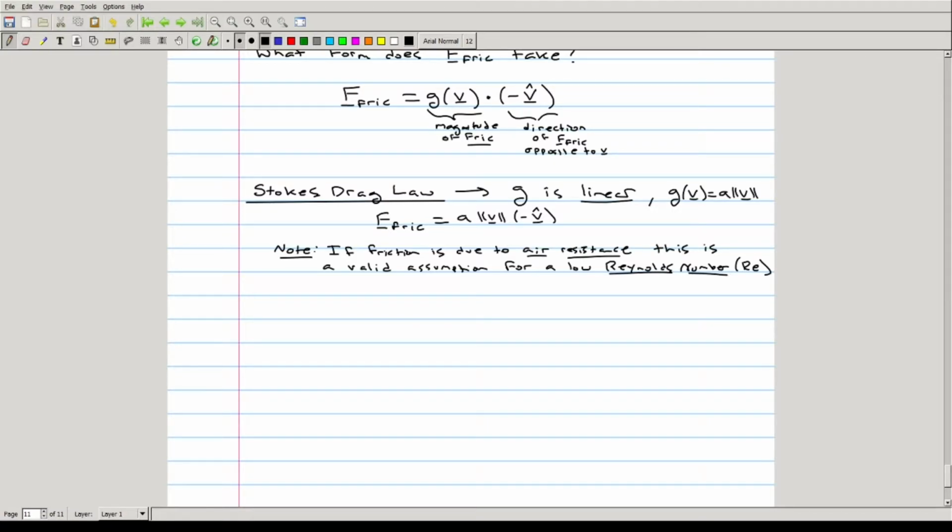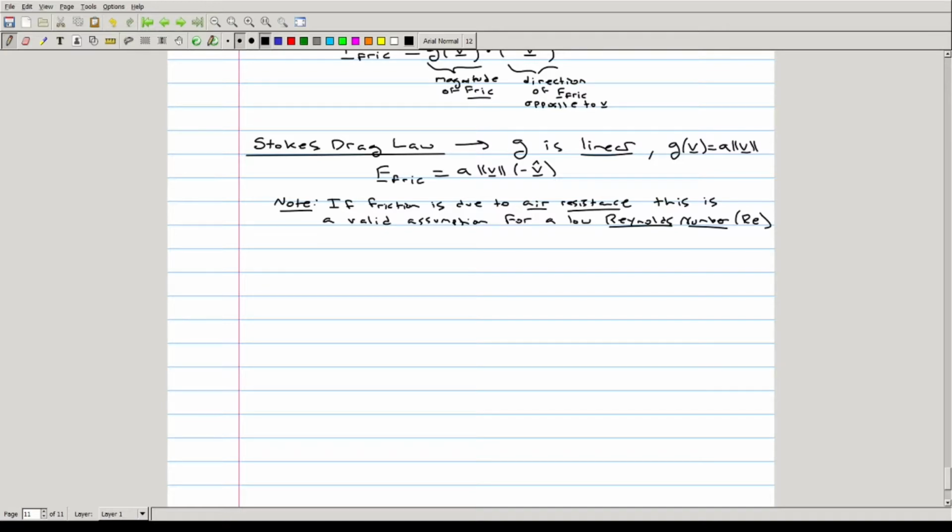Alternatively, for higher Reynolds number flow, in larger objects which create more turbulence in the flow, maybe oddly shaped objects, Newton's drag law is a better assumption. And Newton's drag law is that G is quadratic.